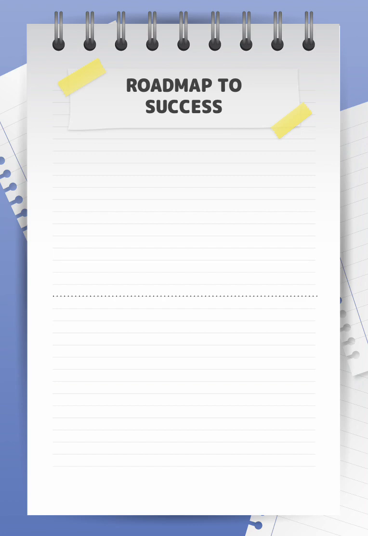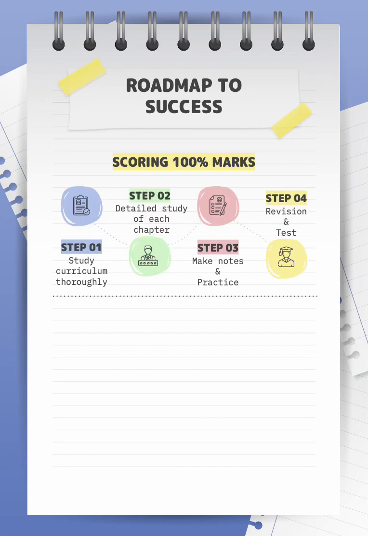There should always be a detailed plan or strategy to score 100% marks, and I have decoded that for you in 4 steps. Step 1 is to study the curriculum thoroughly, which I always emphasize because this helps you know what you are actually going to study.